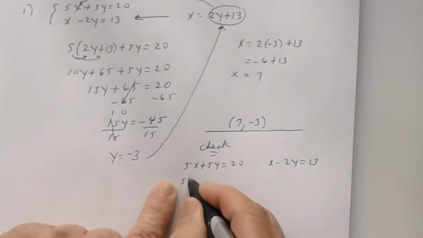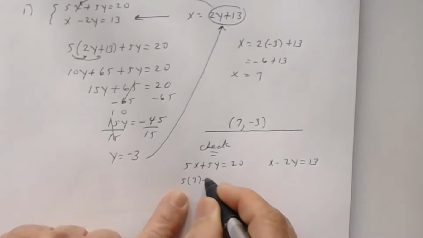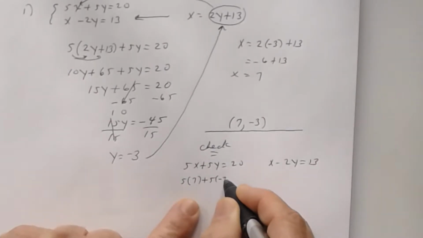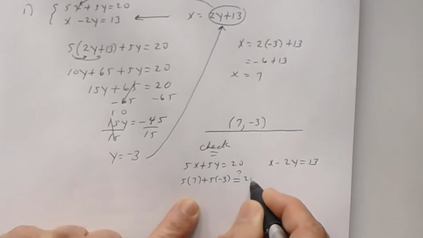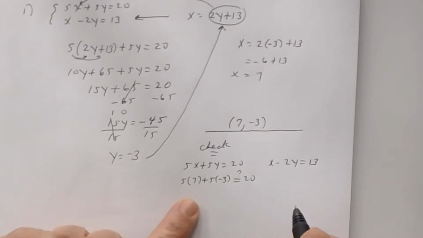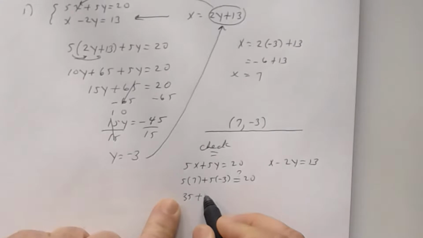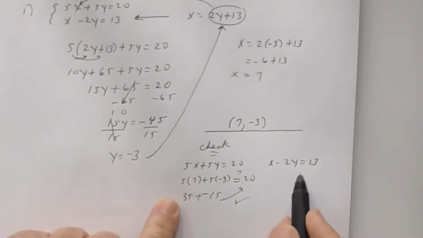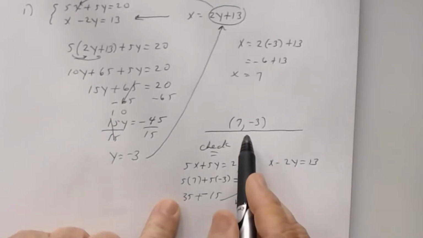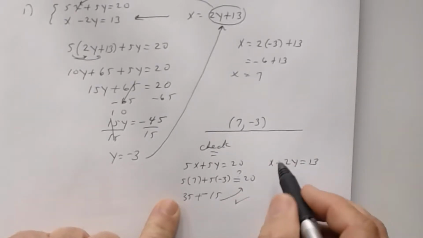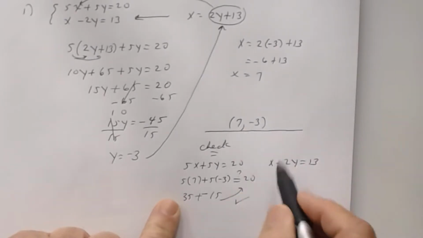So I get 5 times x, which is 7, plus 5 times y, which is negative 3, and I want to see if that's equal to 20. What's 5 times 7? Is 35 plus a negative 15 equal to 20? Yes. Now I have to make sure it's a solution here. So x is 7. I get 7 minus 2 times y.